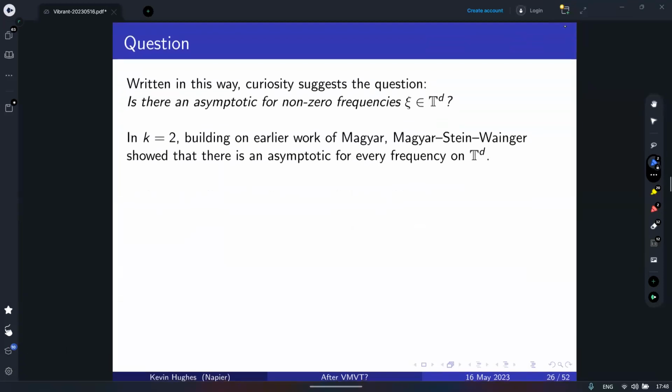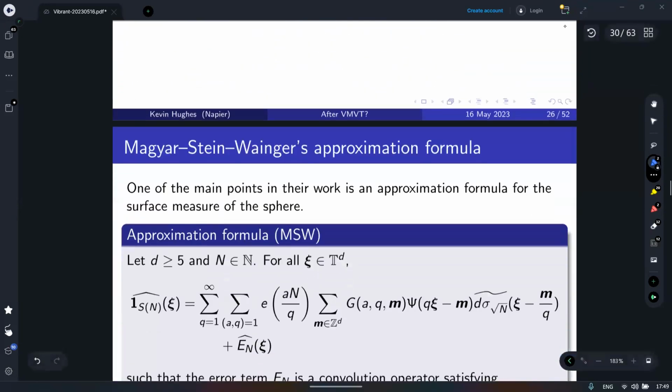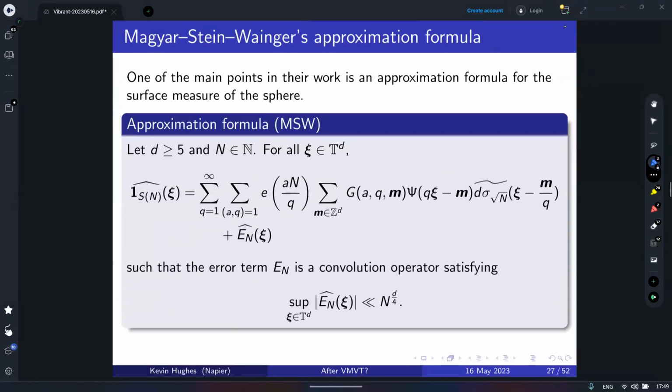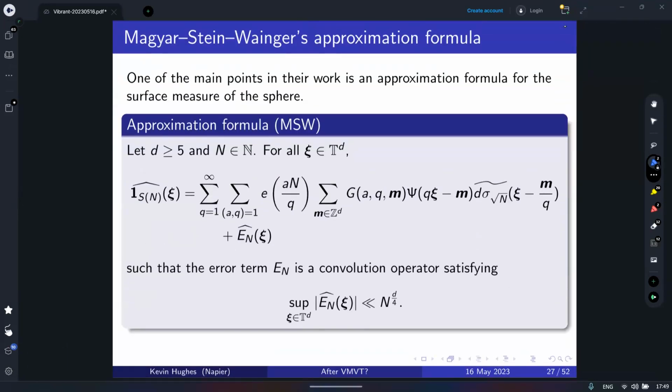And so Magyar, followed by Magyar, Stein, and Wainger, actually did this for sums of squares. They gave something that doesn't look as nice as what Hardy and Littlewood had, but it's necessarily more complicated. You still get a lot of features, such as Gauss sums that arise. These calculate what happens at rational frequencies of low complexity or small height. You get this Fourier transform of the spherical measure, and you get some error term.